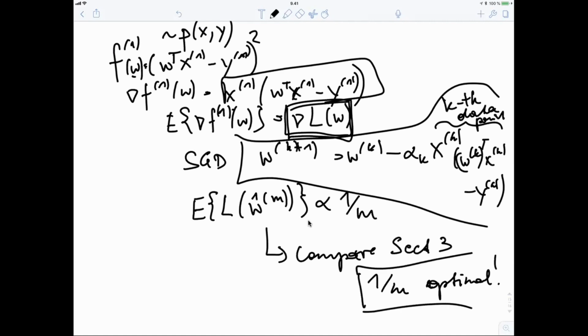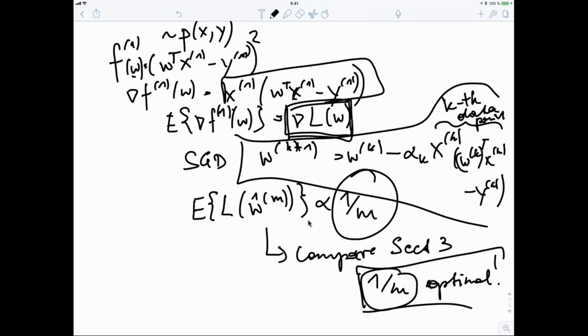So with m data points, you can never learn a hypothesis that has a risk smaller than 1/m times some factors, which we ignore here for simplicity. But this dependence on the number of data points is optimal for basic stochastic gradient descent. You don't need any acceleration tricks, anything like this.